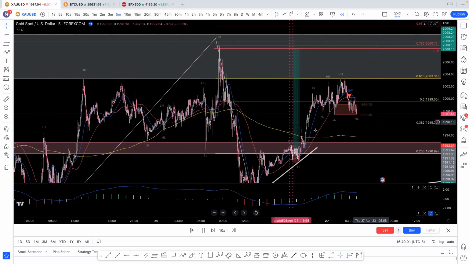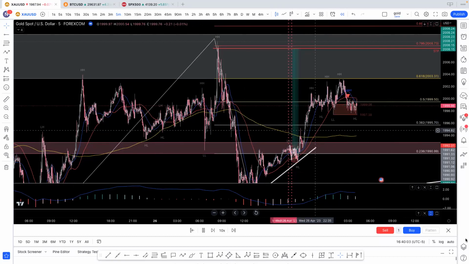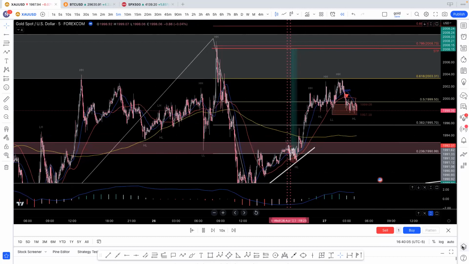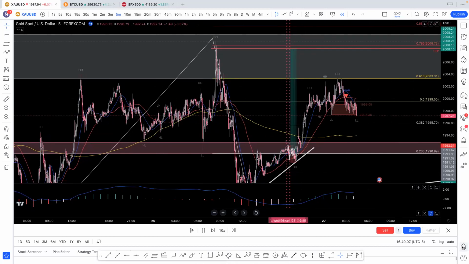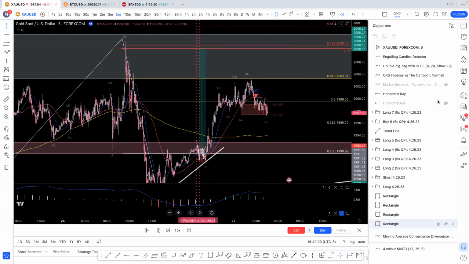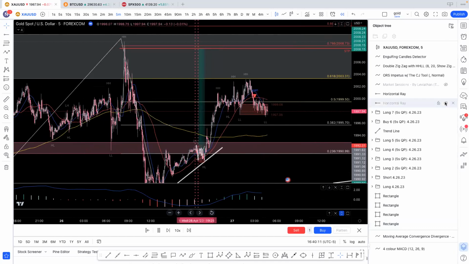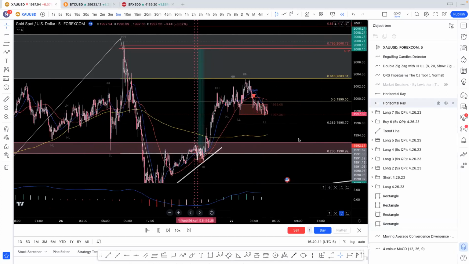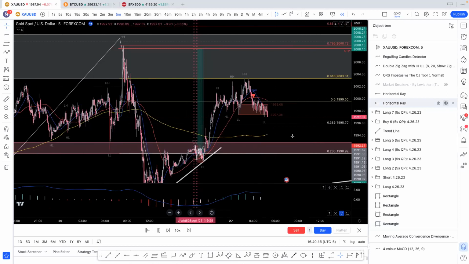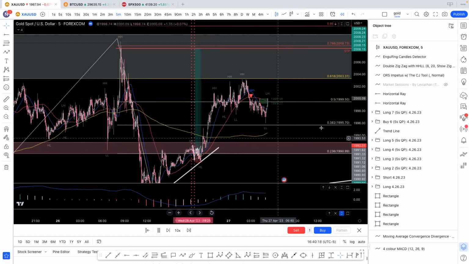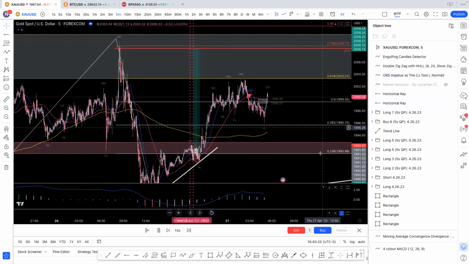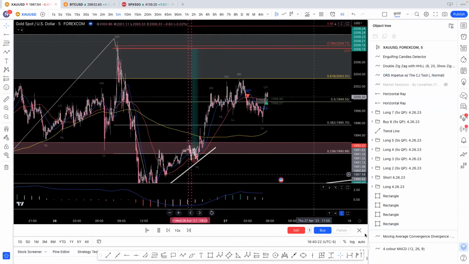And I think too, yes, but what I failed to mention is before I went to bed, I had moved my, that's what this right here is. I had moved my stop loss into profit or above the entry, I guess is what I should say.